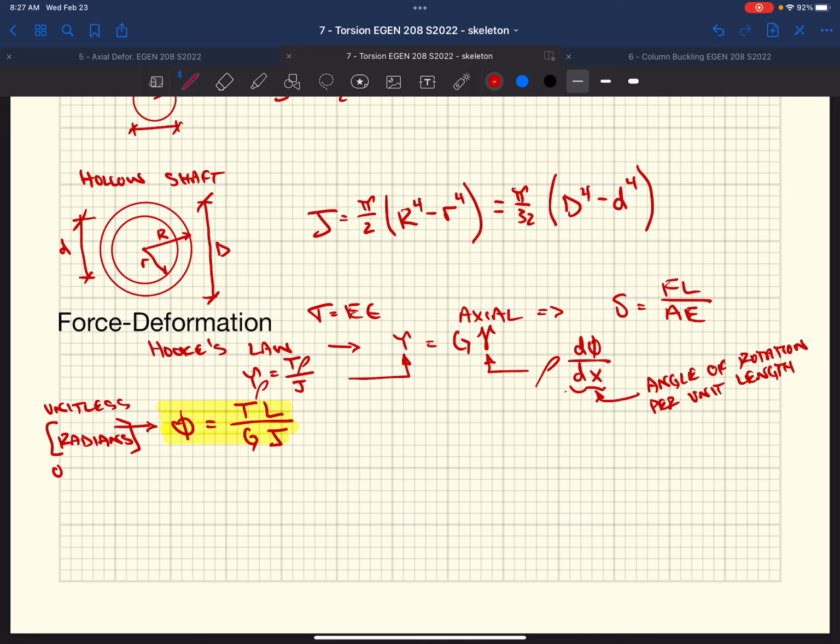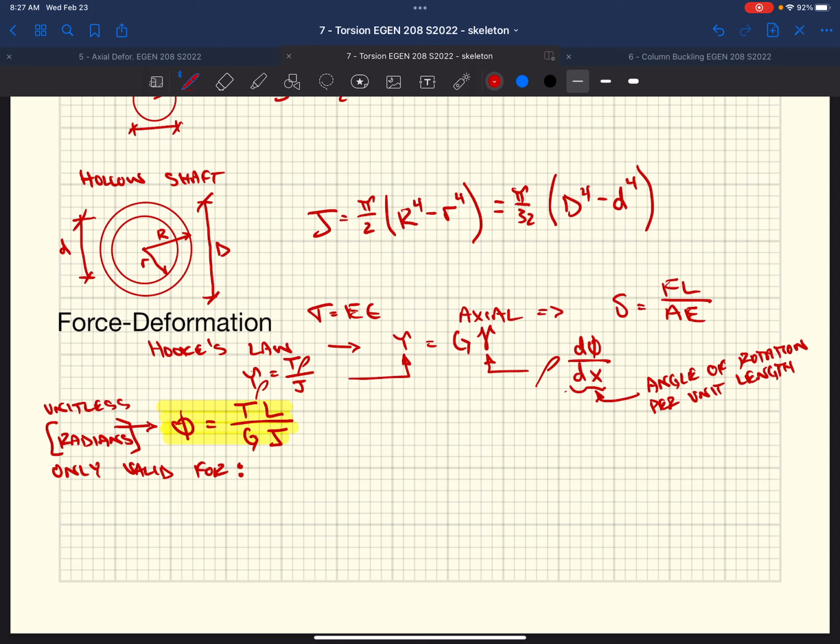If we were looking at this equation, it's really only valid for a number of things. It's only valid for a constant material property, our shear modulus.